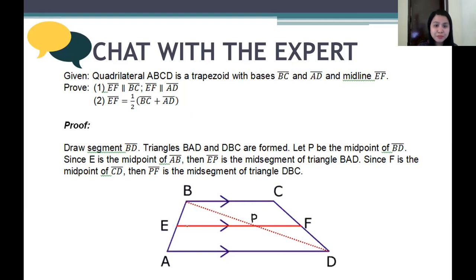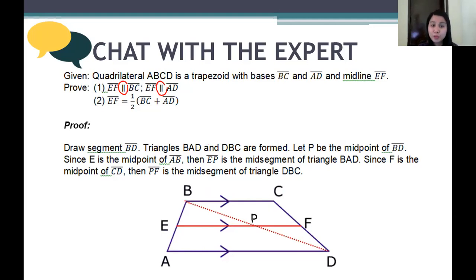We need to prove that EF, the midline, is parallel to BC, and EF, the same midline, is parallel to the other base, AD. Another is, we need to prove that the length of EF is 1/2 of the sum of BC and AD.